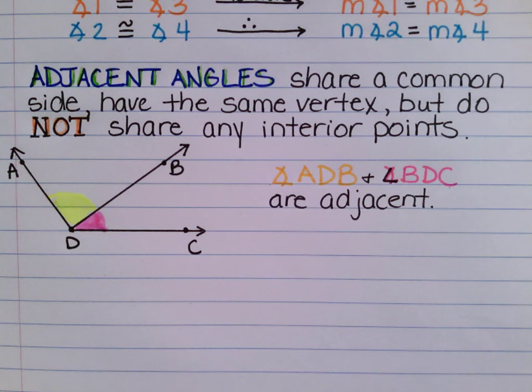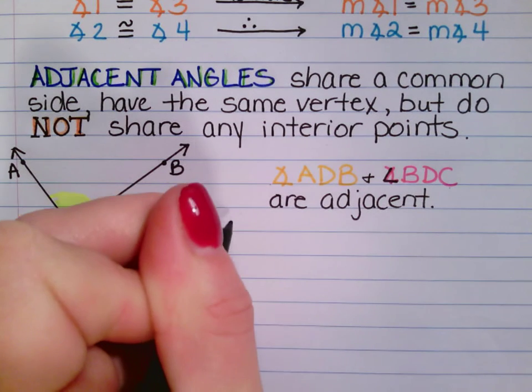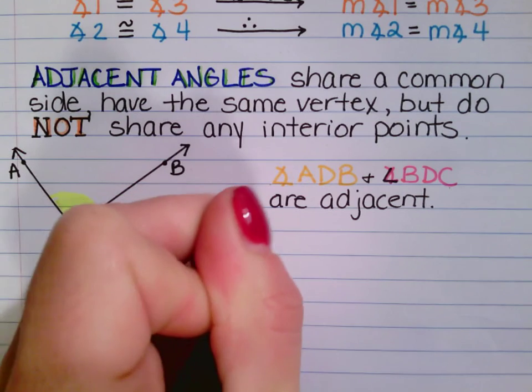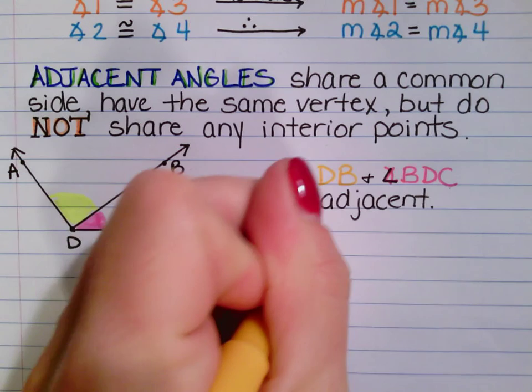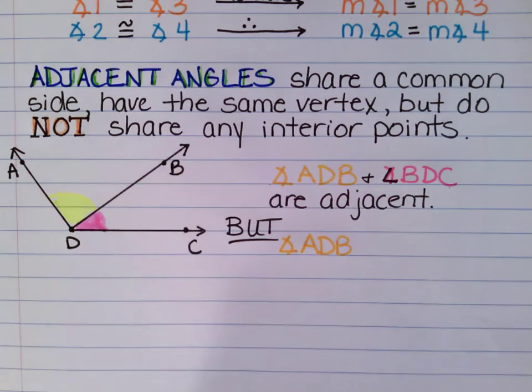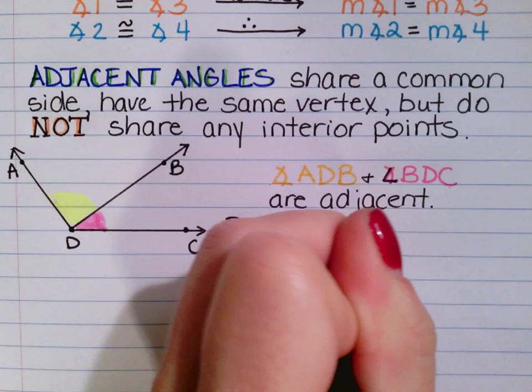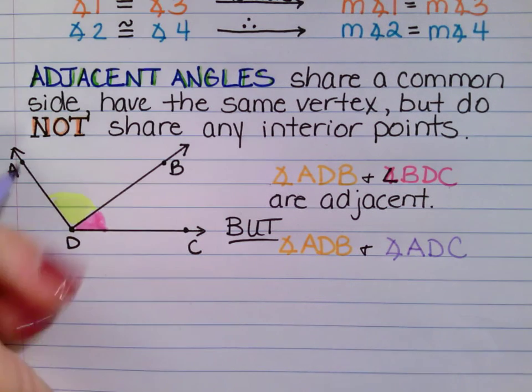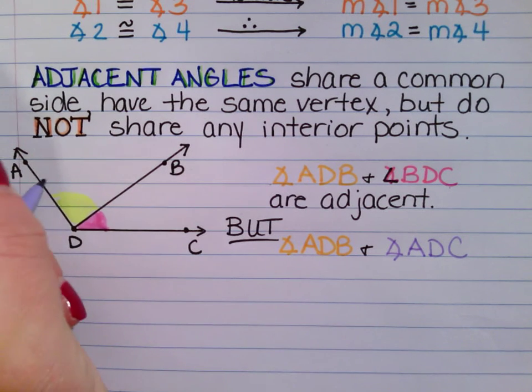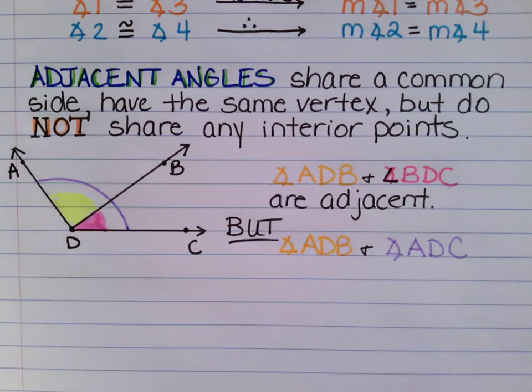But if we look at two other angles that we've drawn here, for example, angle ADB again, and angle ADC, so ADC would be this big angle here, those are not adjacent.